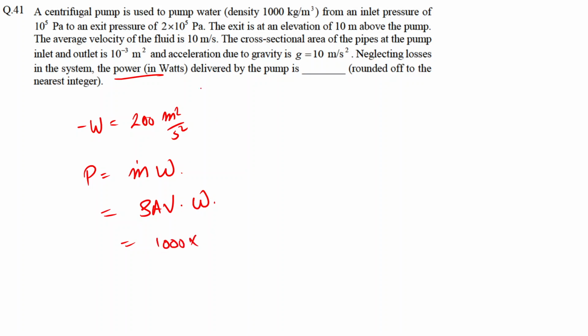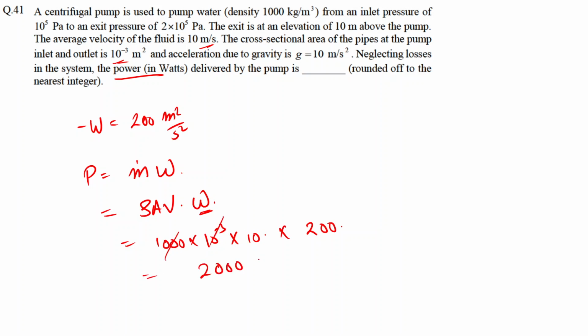Area we have been given as 10 raised to minus 3 meters square, then velocity is 10 meter per second, and then we have found out this work, so that is equal to 200.